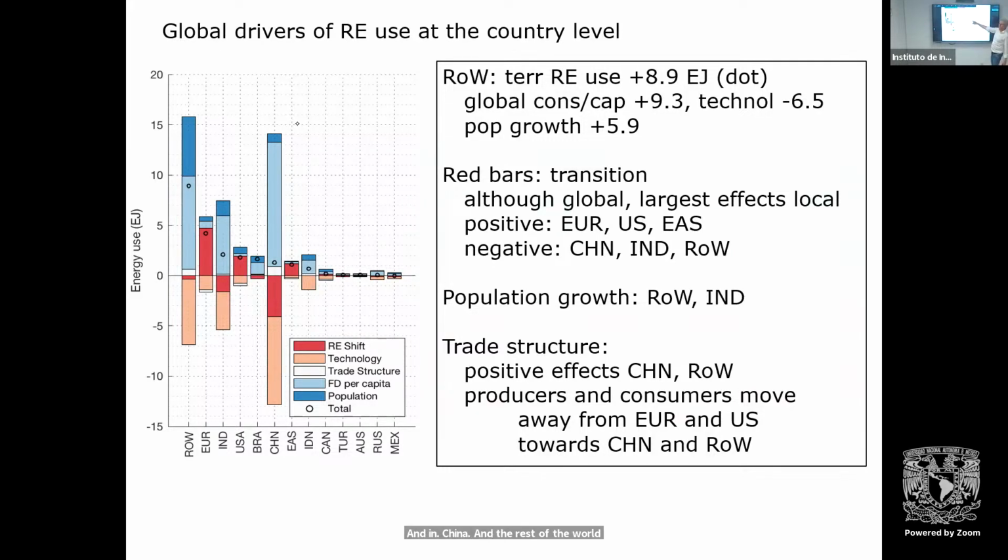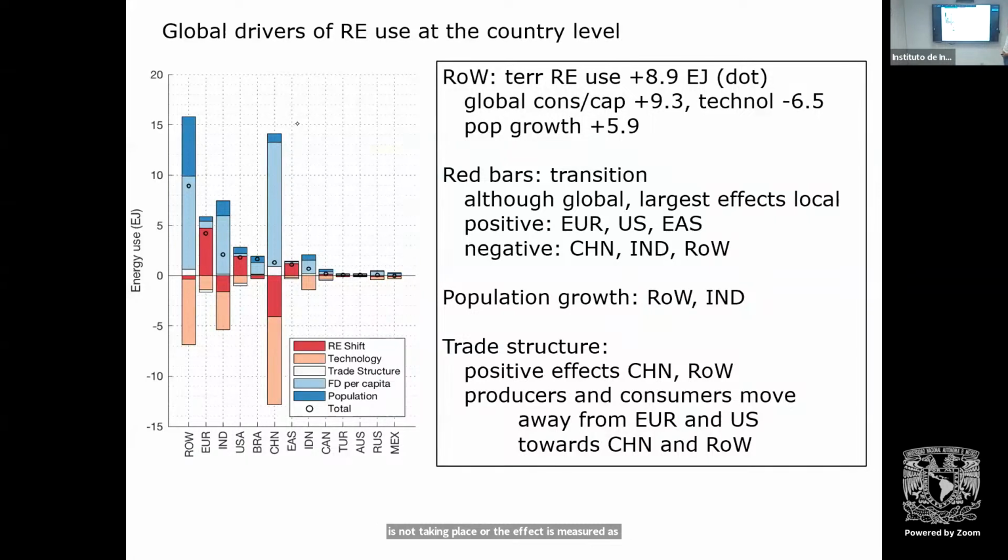You see a substantial positive part, indicating an effect of transition in Europe, in the US, and East Asian countries. So transition is taking place, but not at a global level, because in India and China, transition is not taking place, or the effect is measured as negative.